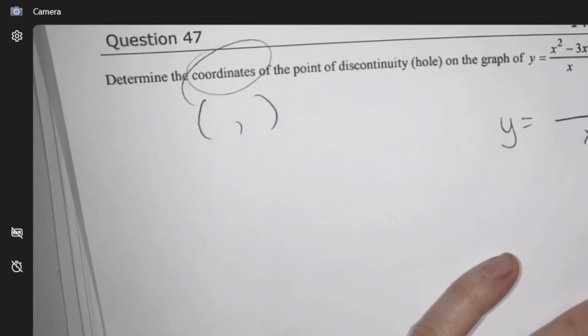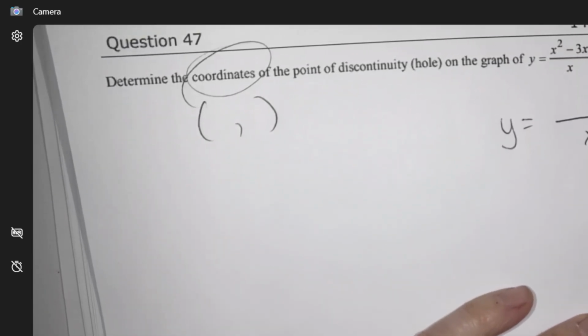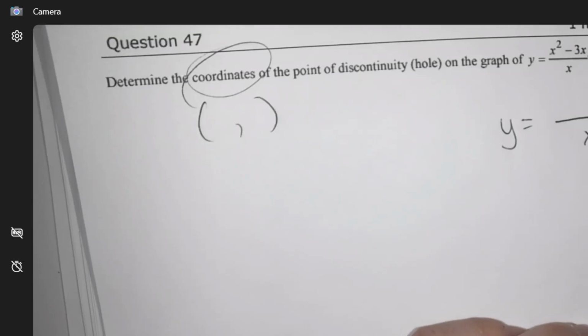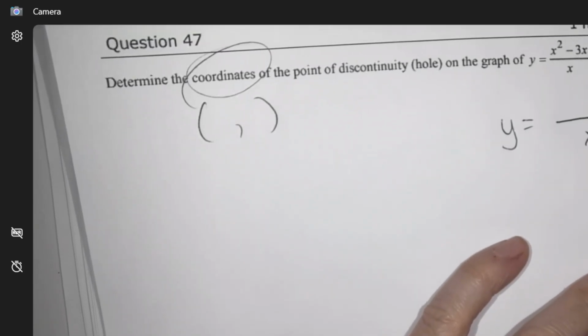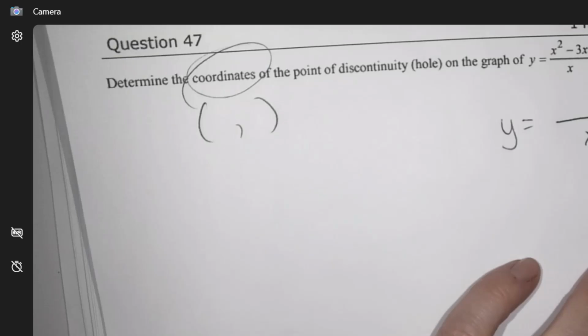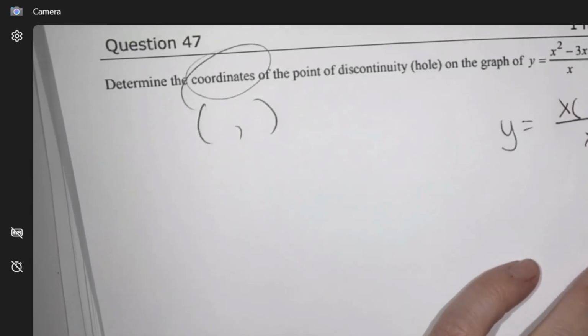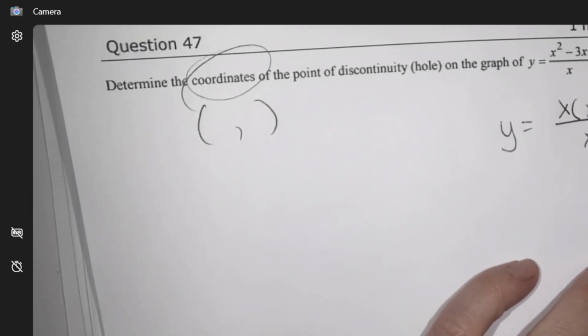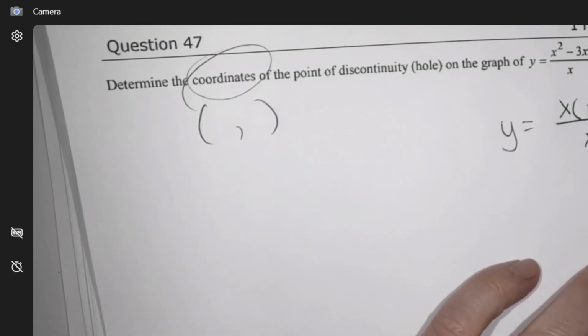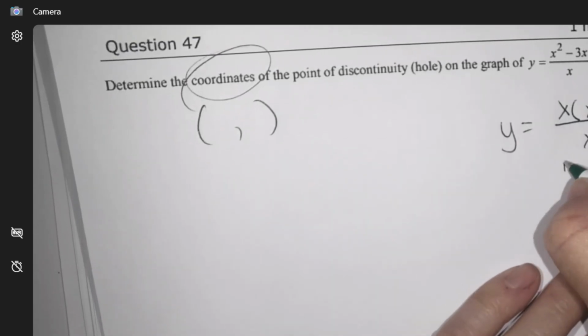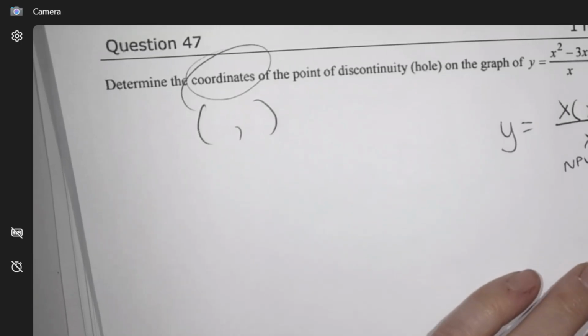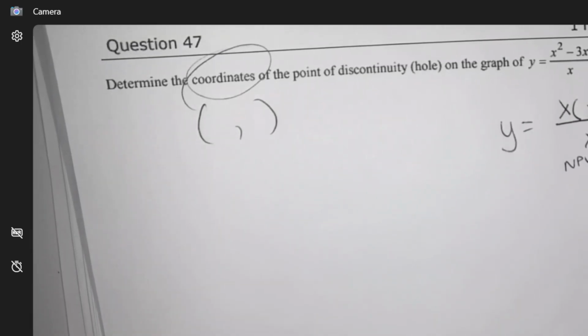So this is what I need you to do. I need you to factor the top. So what kind of factoring style would you use there? GCF work? So x out. So on this bottom here, what is the number that I'm not allowed to be for x on the bottom?